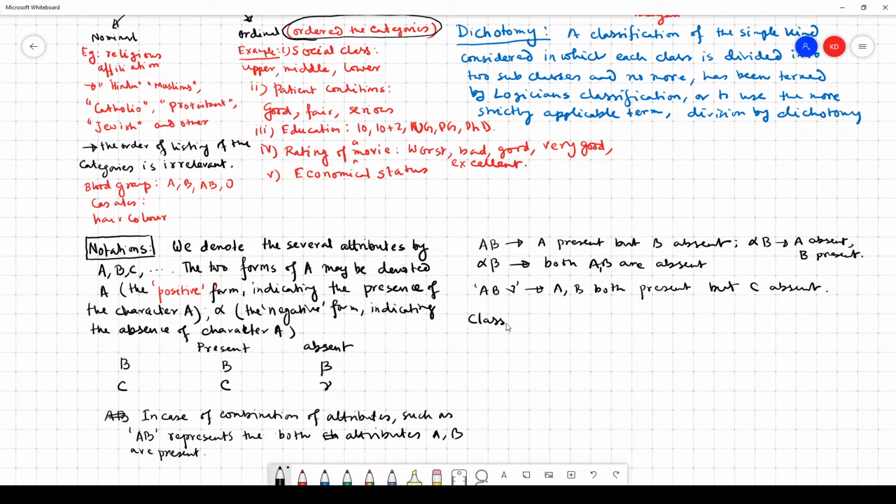So, class frequency. The number of observations assigned to any class is termed as the class frequency.